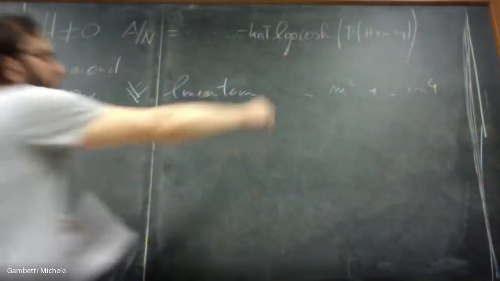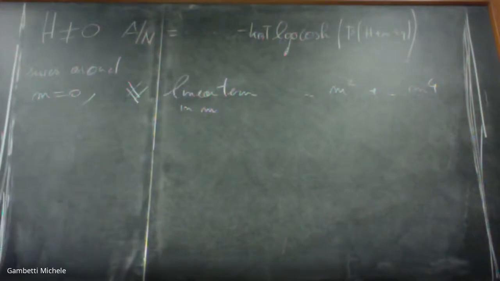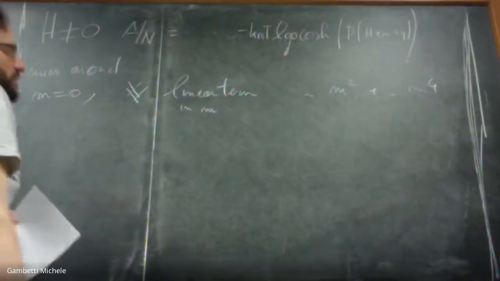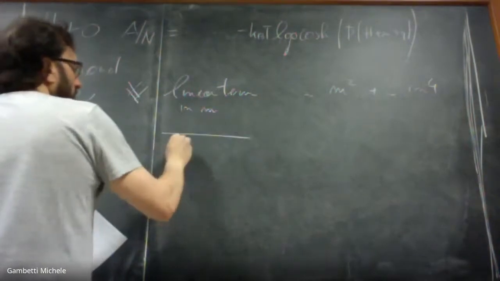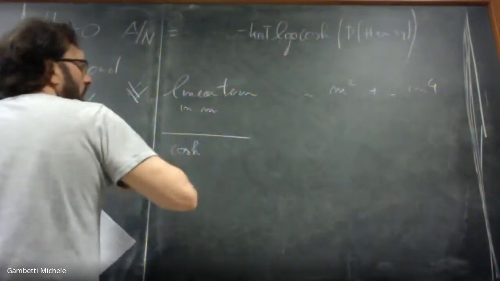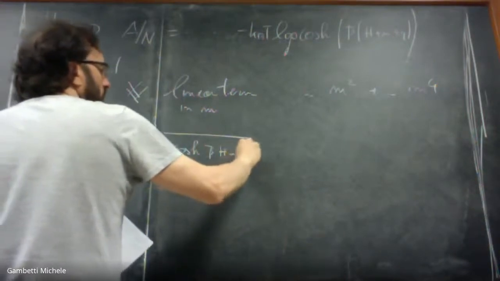Where does this linear term come from? From the derivative of this quantity with respect to m computed at m equals 0, which is finite for the case in which h is different from 0. And this linear term will actually be something like the cosh of beta h plus n epsilon q.